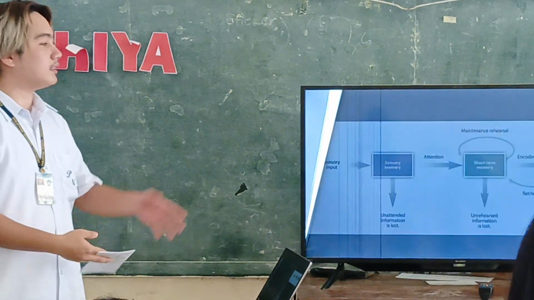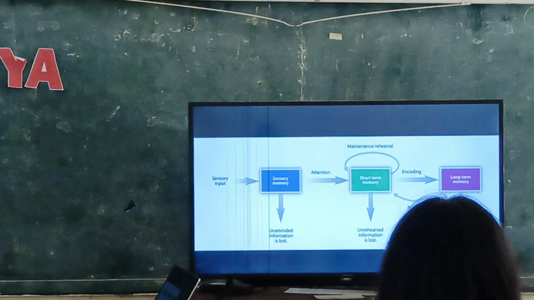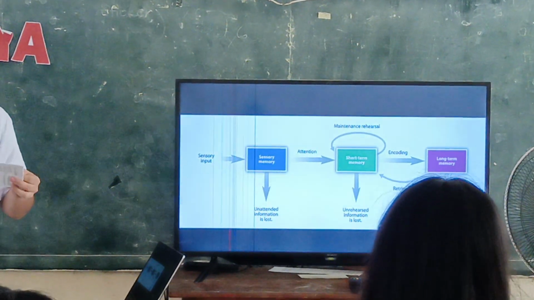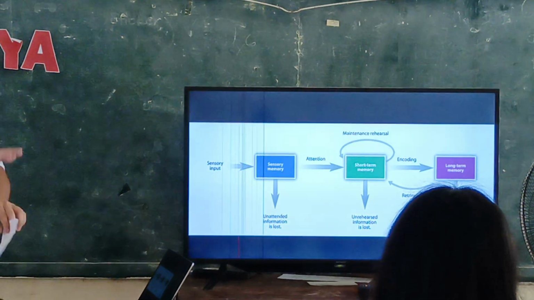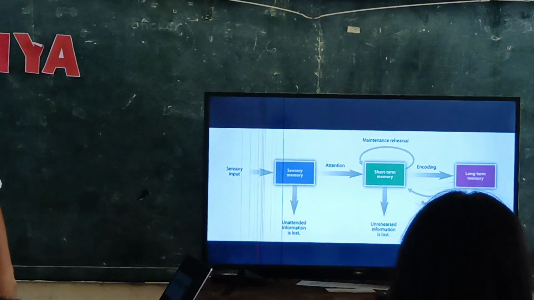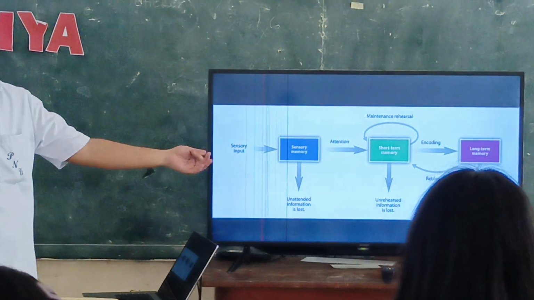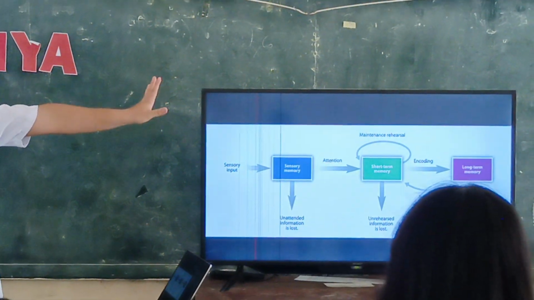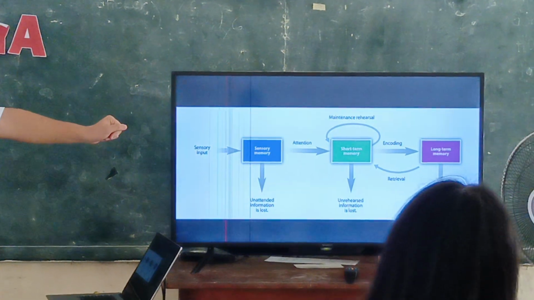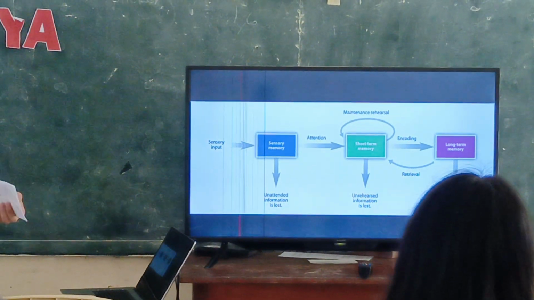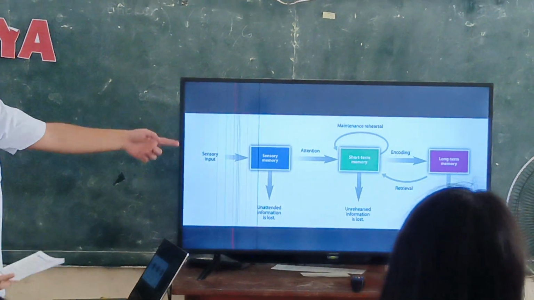So we have here this diagram, or this chart. The sensory store includes our eyes, nose, taste, touch, and hearing. So sensory input is noise, people, touch, nature, anything in our surroundings.